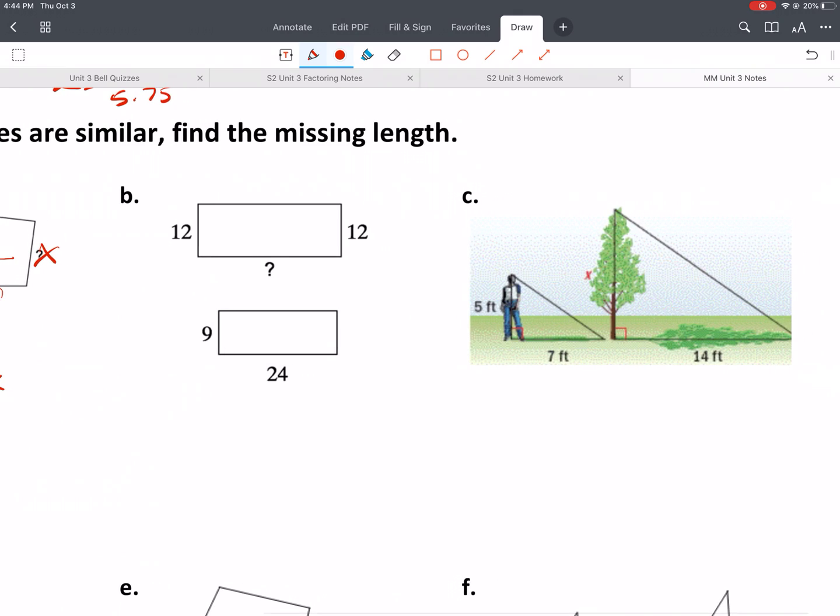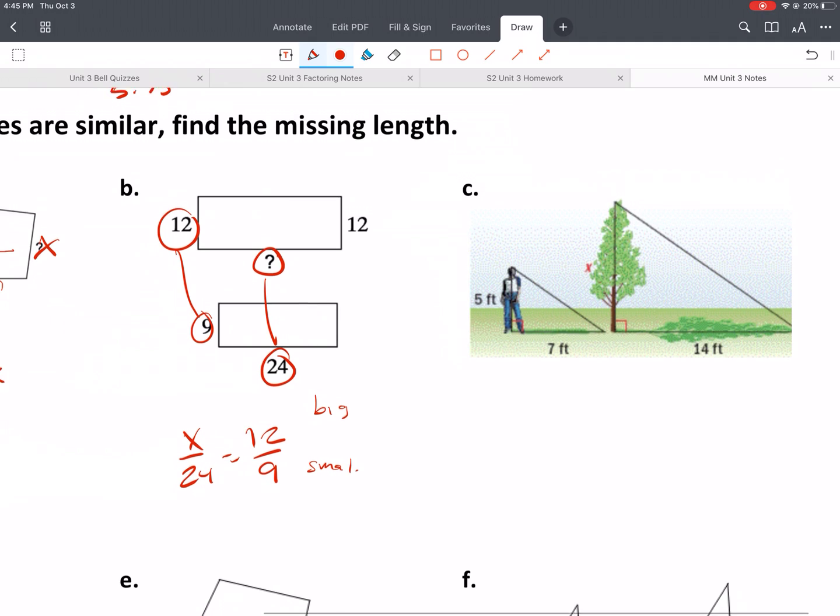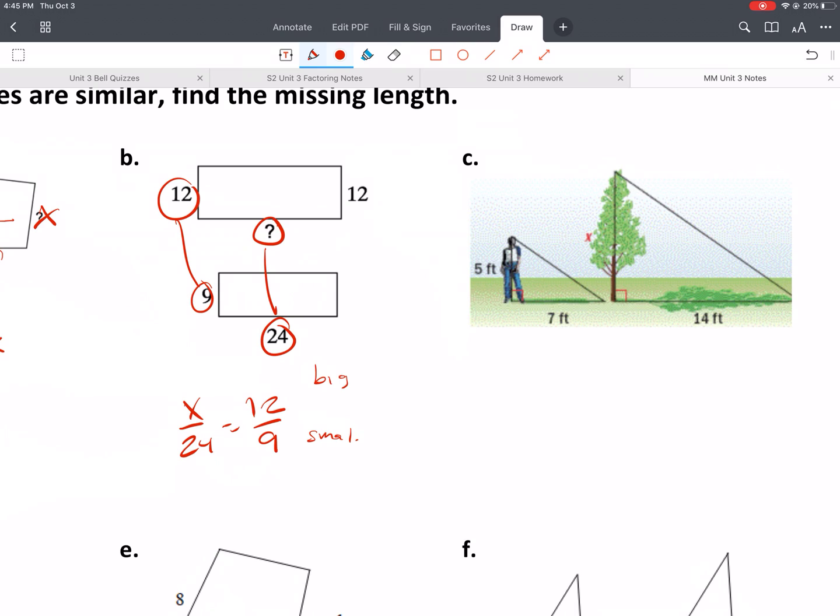All right, B, same sort of thing. We could do x over 24 is equal to 12 over 9. Okay, so we have the big on the top, we have small on the bottom for both of the denominators. Okay, and then we would just need to cross multiply and solve.